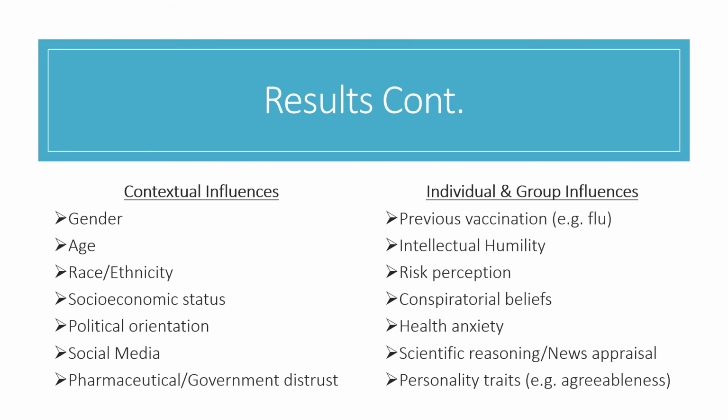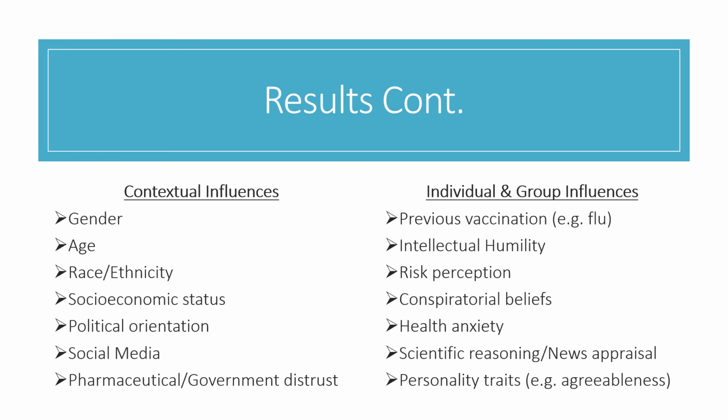Conspiratorial beliefs generally were negatively related to vaccine acceptance, so the more conspiracy theories one believes in, the less likely they are to receive a vaccine. Health anxiety, again, this could be related to anxiety about contracting COVID-19 or anxiety about the side effects or the possible adverse reactions to a vaccine.